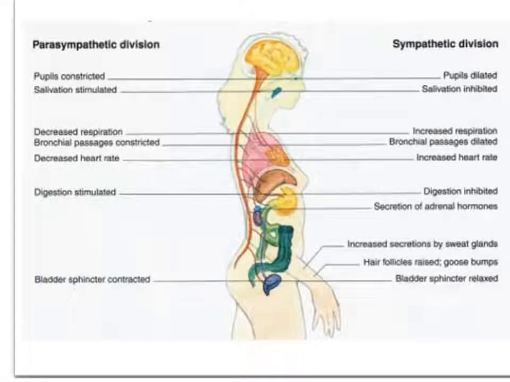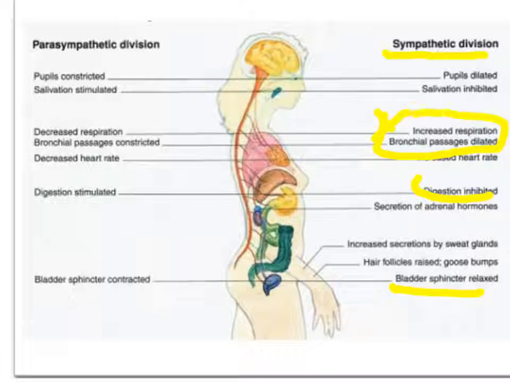So here's a diagram that kind of shows you what goes on when the sympathetic nervous system is activated and when the parasympathetic nervous system kicks in. On the sympathetic side, you'll see that things that are not urgently needed, excretion from your bladder, digestion, are not urgently needed as you prepare to either fight the problem or run away from the problem, but you will need to bring in more oxygen.